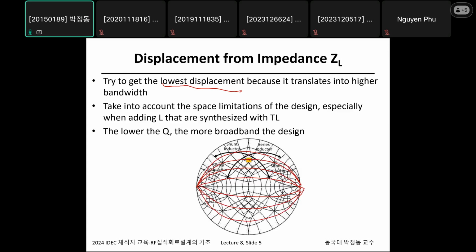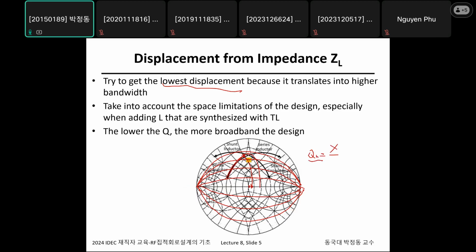So as you can see over here, if the movement is relatively large, something like this, it touches, for example, here. It touches the higher Q, which means the network Q becomes higher.